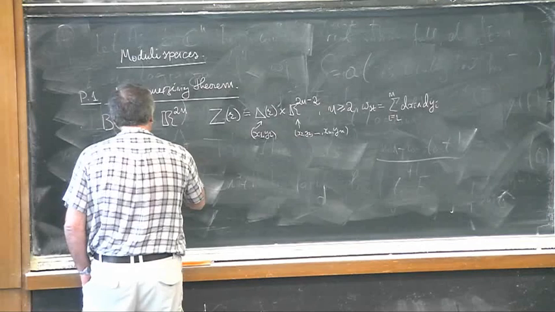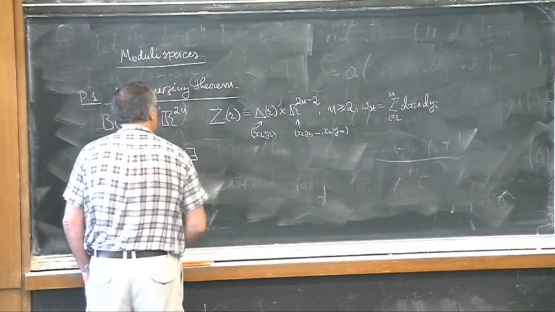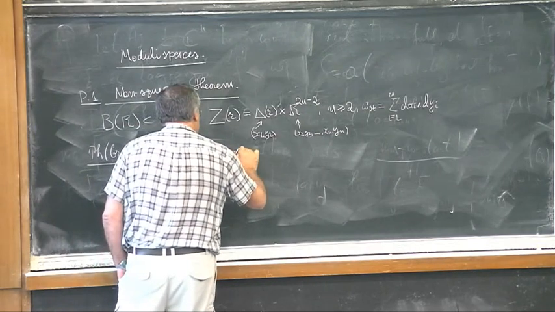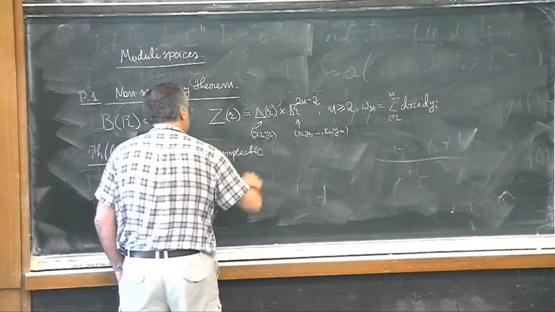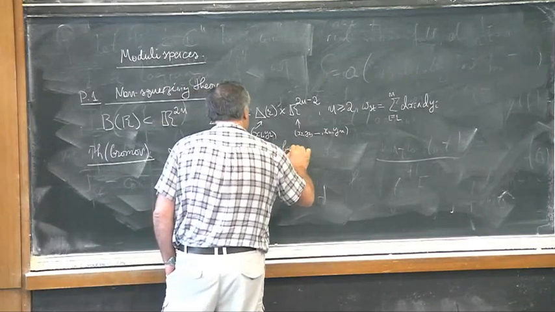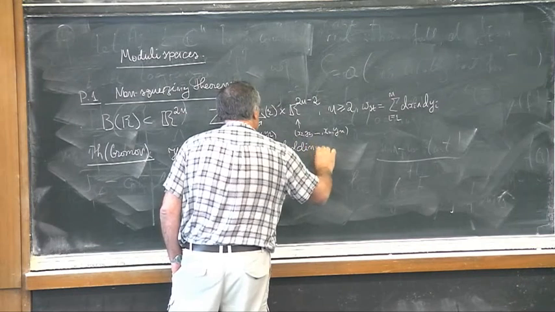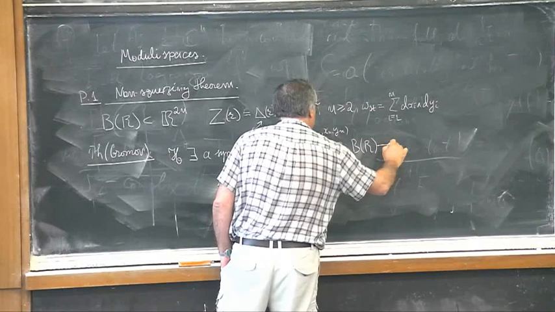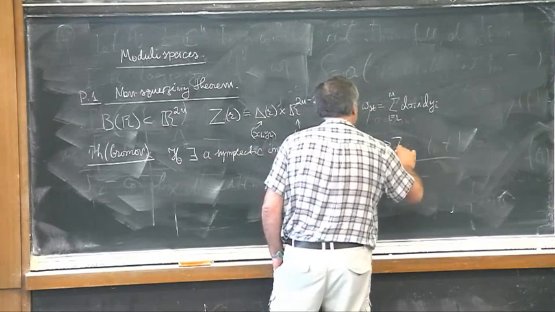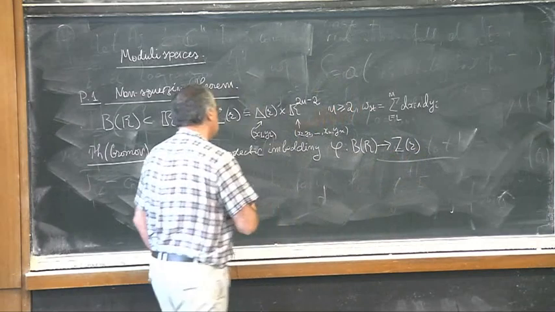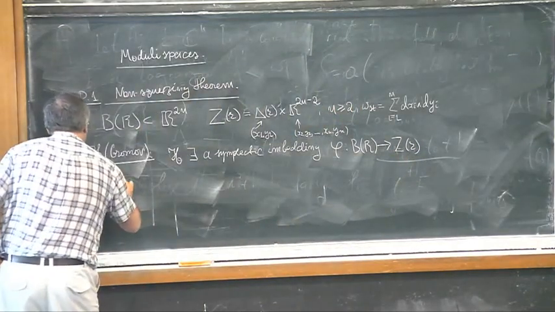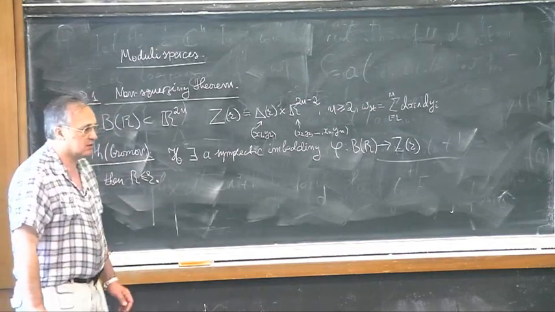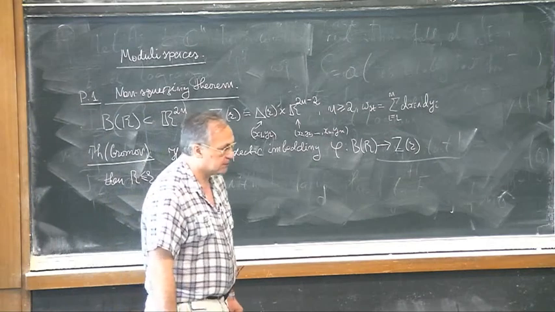If there exists a symplectic embedding phi from the ball to this cylinder, then big R is less than or equal to small r.